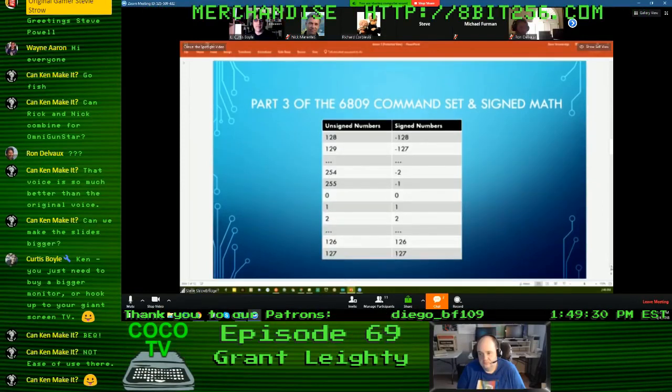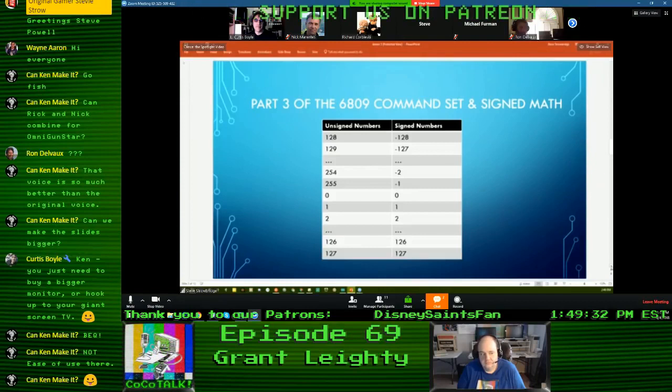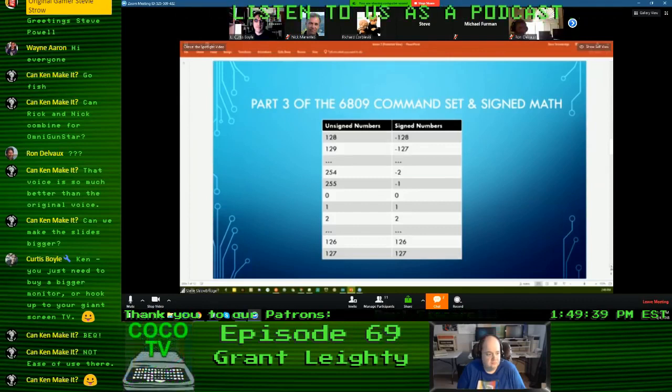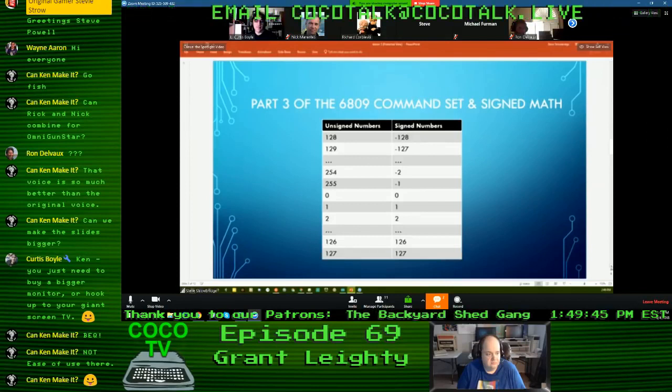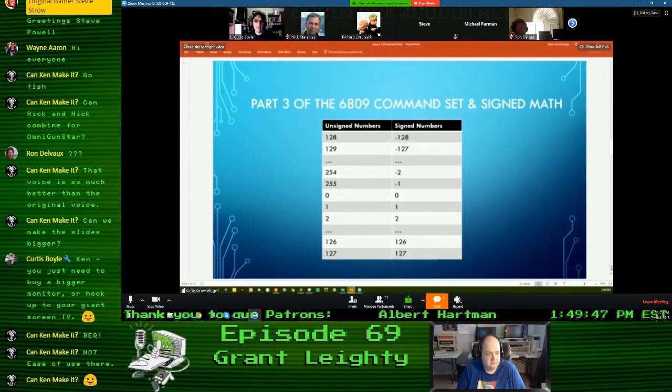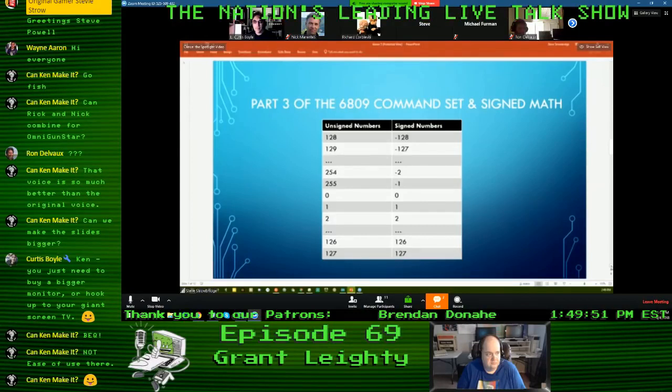Okay. This is the relationship between unsigned and signed numbers when we're talking about 8 bits. Now in the middle, you see 0 and 0. That makes sense. 1 is 1, 2 is 2, and so on, going up to 127 is 127.